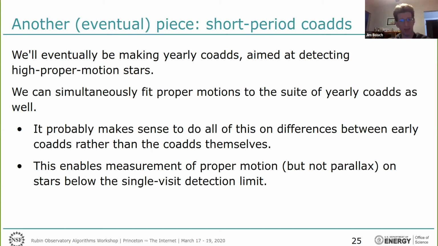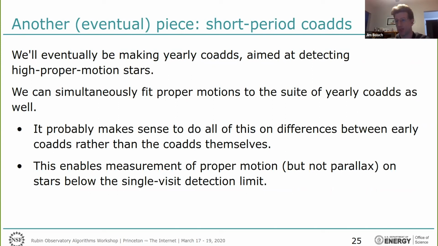If you can detect them in those yearly coadds, you can also fit proper motions to the suite of yearly coadds, and that's much less inefficient than fitting to the suite of all the input images. And for things that move slowly relative to other stars, or slowly relative to asteroids, you should be able to constrain the proper motions fairly well there too.